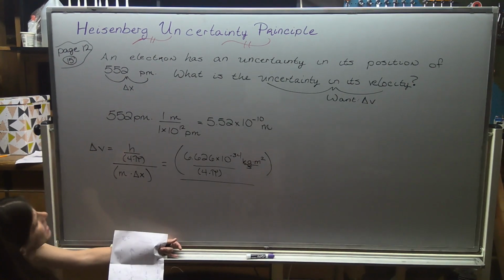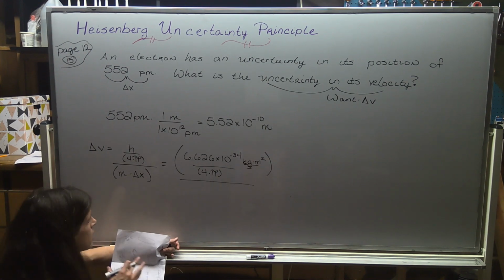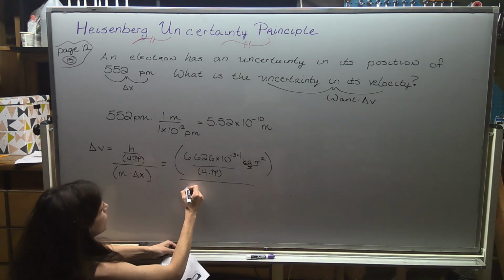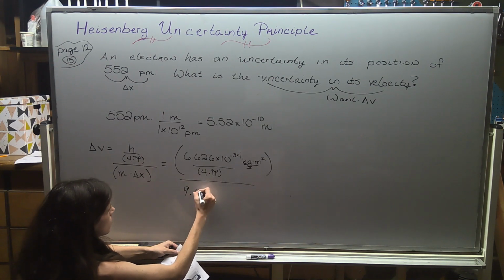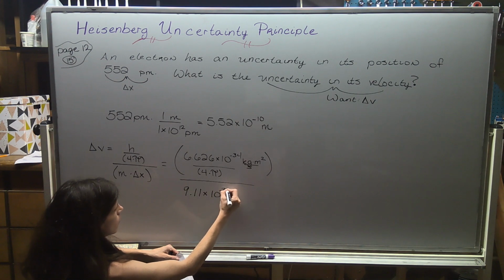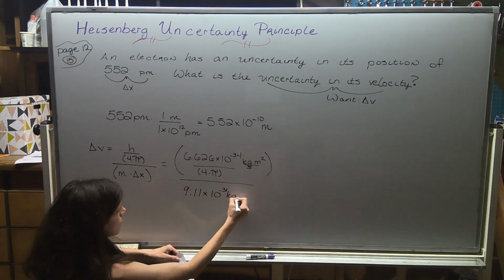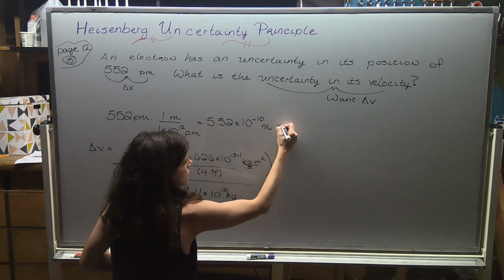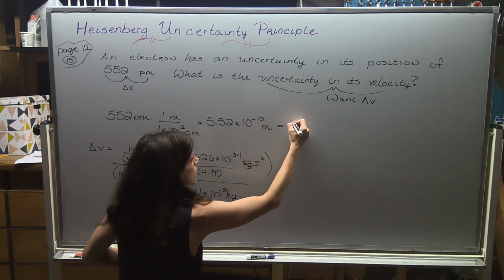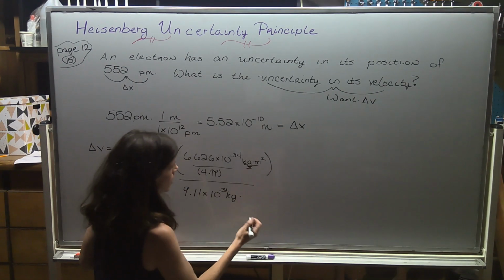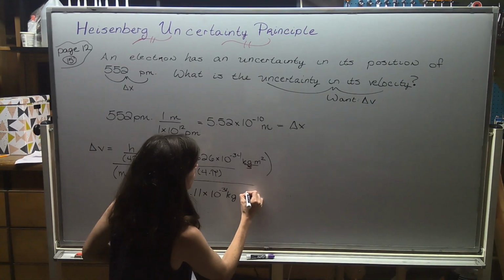They didn't give me mass here, but the mass of an electron is constant. I'm going to grab the one from the previous problem. They told us it was 9.11 times 10 to the negative 31 kilograms. And I'm going to just use this value. Again, this value equals delta x, so no extra multiplication step because of that wording.